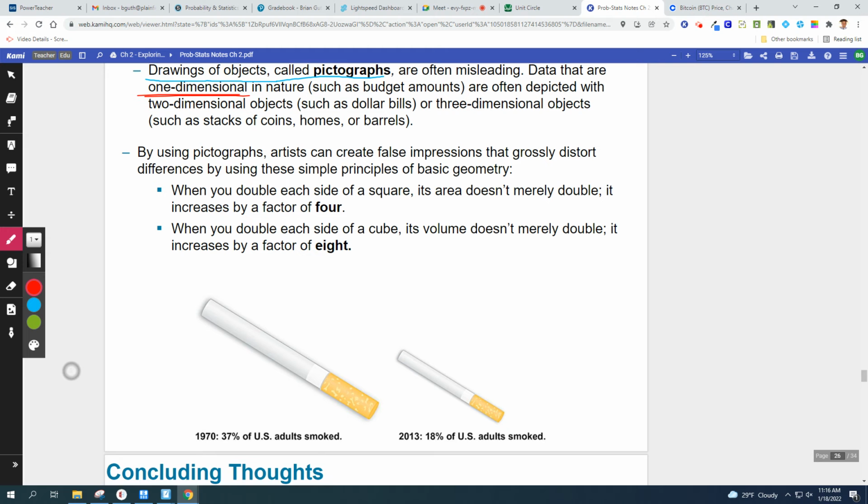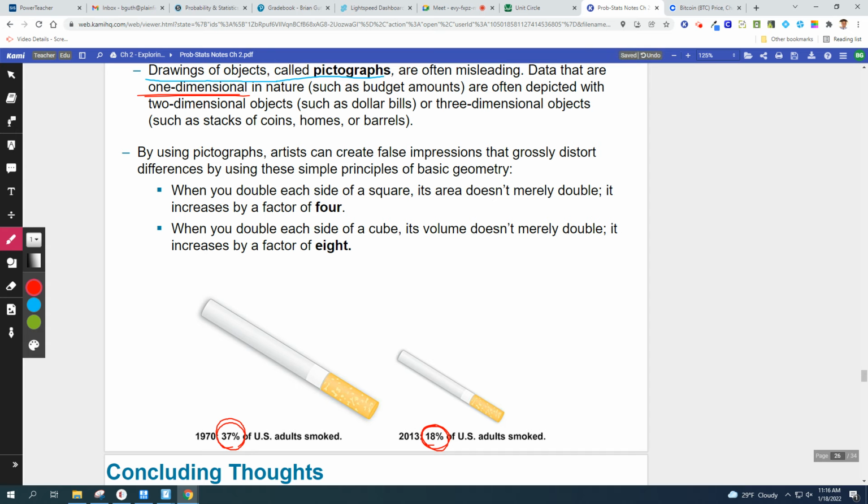It says, by using pictographs, artists can create false impressions that grossly distort differences by using these simple principles of basic geometry. If you look at this pictograph, in 1970, 37% of US adults smoked. In 2013, 18% of US adults smoked.